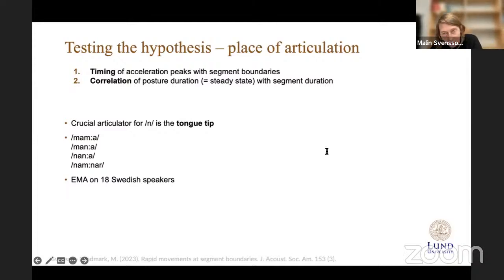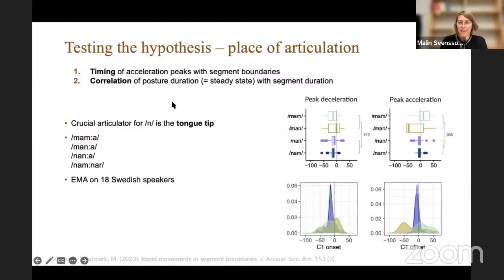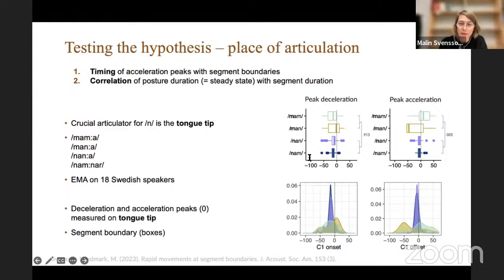So if we measure the acceleration peaks on the tongue tip, both in words with an alveolar segment and with a bilabial segment, we would probably get very nice timing for words starting with an alveolar, and not so great timing for the words starting with a bilabial. And indeed, this is what we find. So 0 marks where the timing of the peak is, the acceleration peaks, and the boxes are the timing of the segment boundary.